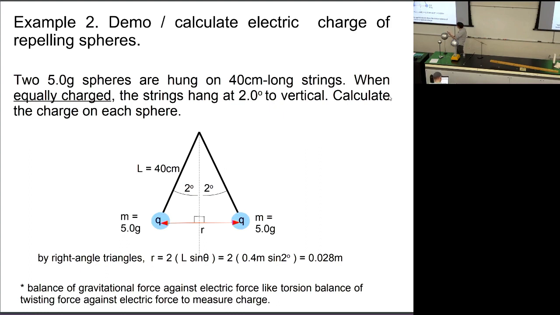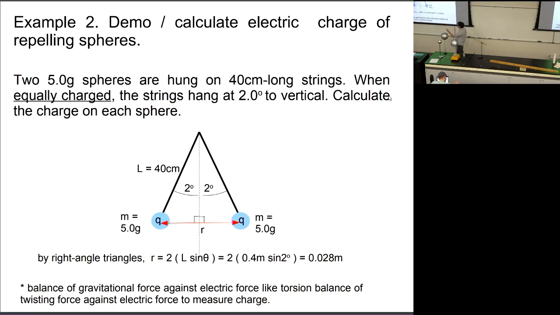I've constructed on my figure a right-angled triangle. There's one on the left and there's one on the right, actually. The hypotenuse is the length of the string, 40 centimeters. The angle upstairs here is 2 degrees. I want this distance here, the separation of the charges. It's this distance on the left between the left-hand charge and the center, plus this distance on the right between the right-hand charge and the center.